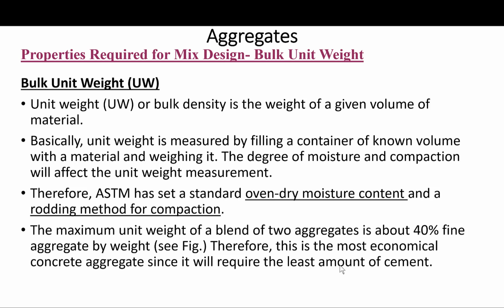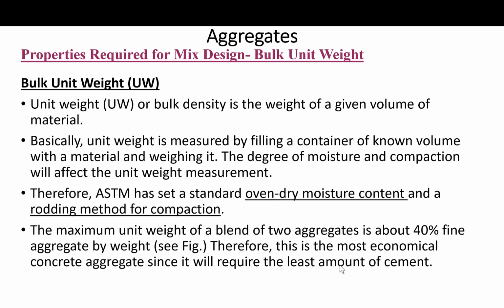So clearly, the degree of compaction will change the amount of void space and eventually the value of the unit weight. Okay, so the ASTM standard method calls for compaction by rodding, and the unit weight of lightweight aggregate is often determined in a loosely packed condition without compaction.